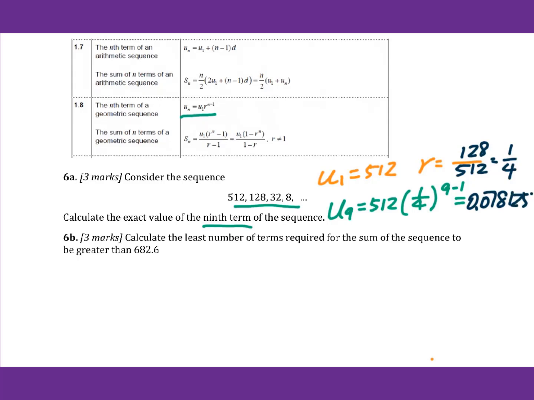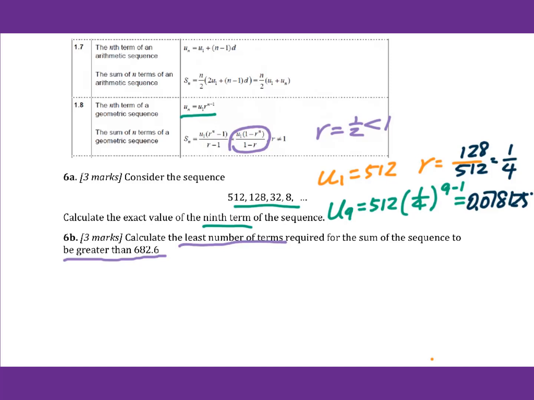6b. Calculate the least number of terms required for the sum of the sequence to be greater than 682.6. Since this r, 1/4, is less than 1, we use this formula.